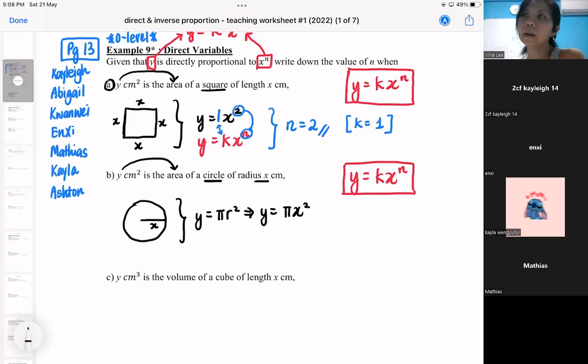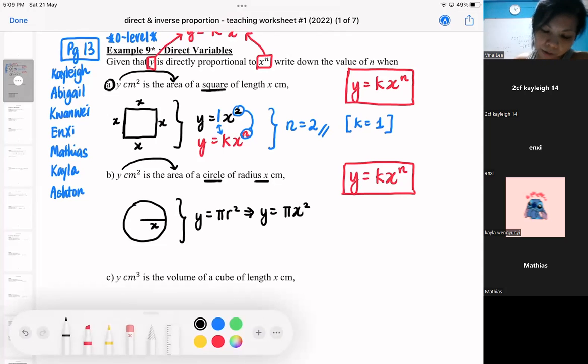Matthias, 2 pi r squared is not it. I think you mix up with the circumference formula. Circumference is 2 pi r. Area of the circle is pi r squared.